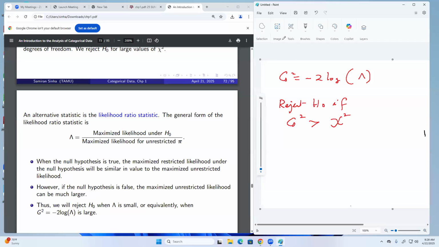So we reject again if G squared is greater than the upper alpha percentile of the chi-square distribution with degrees of freedom C minus 1. If G squared, the test statistic, is larger than this threshold, then we reject it. What if our test statistic is not larger than this threshold? Then we fail to reject the null hypothesis and conclude that we do not have sufficient evidence in favor of the alternative hypothesis.